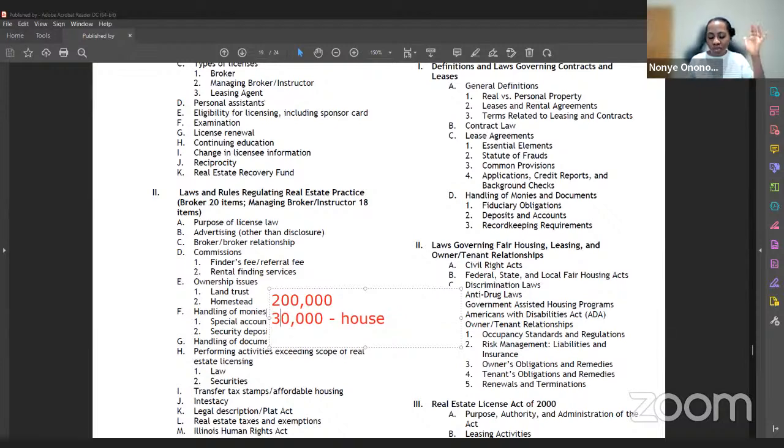Sorry, I'm doing this on the fly. Hold on, let's do it this way instead. Let's make this bigger, 400, and your house is worth 420. The outstanding mortgage is 390.